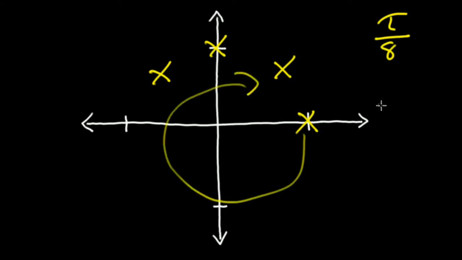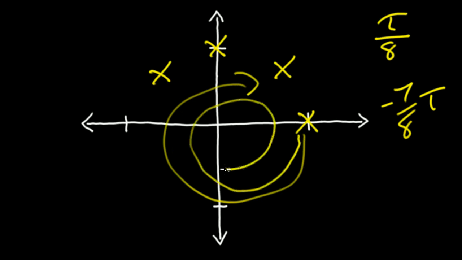So for example, this frequency that is here, and then here, and then here, and so forth, we could think of that as tau over 8, or we could think of it as going around this way, negative 7/8 tau, or we could think of it as going around in the negative direction once, and then twice, and then to there.